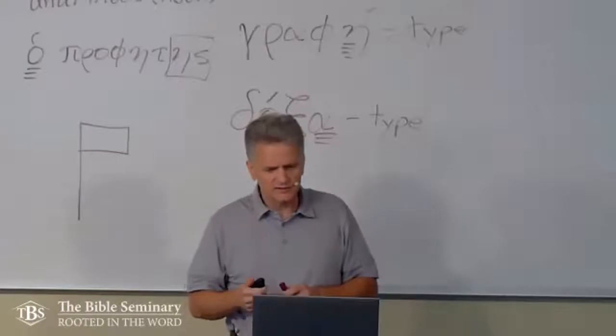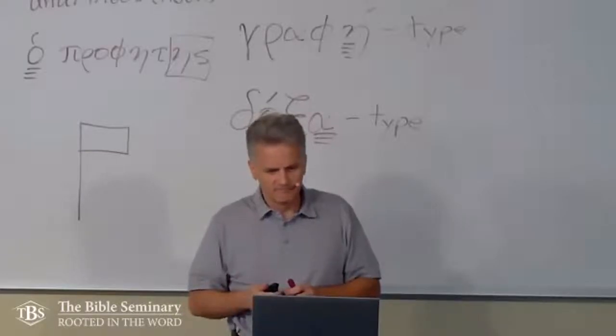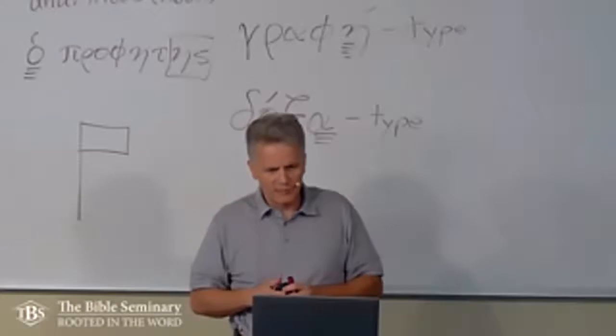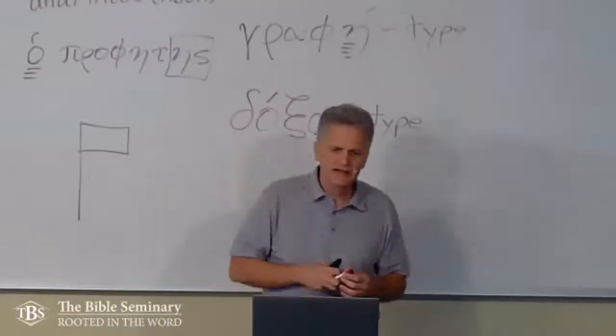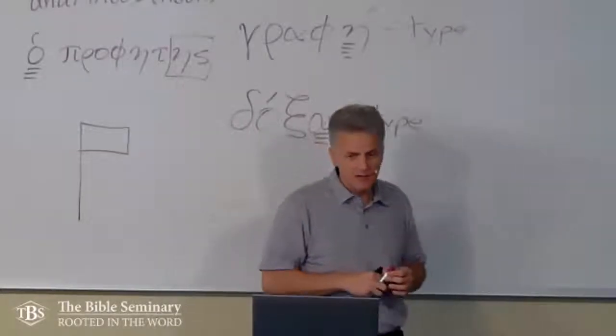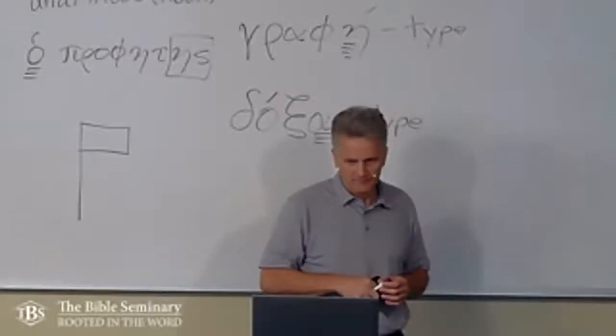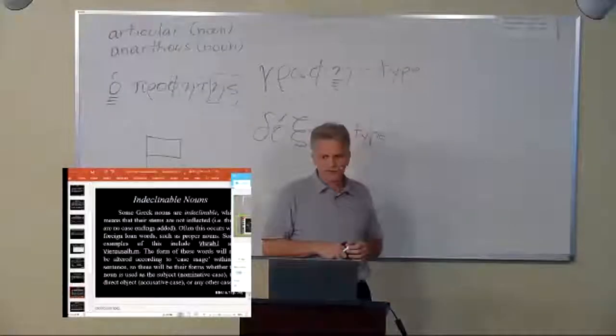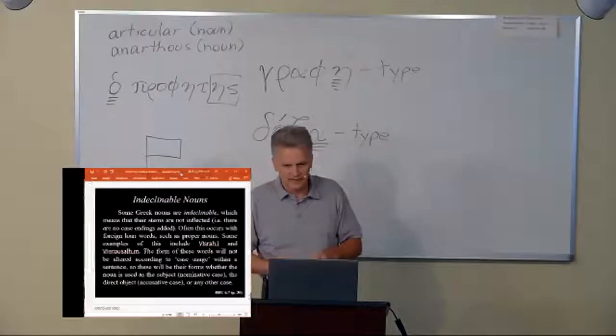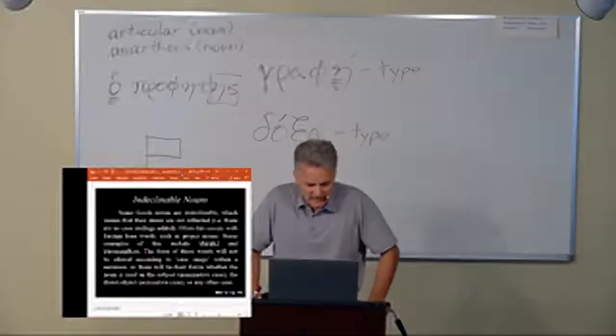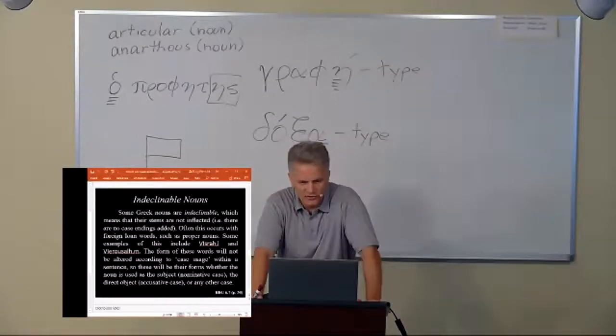This is a big lesson today. All right, we have a couple more to go. Indeclinable nouns. Some Greek nouns are indeclinable, which means that their stems are not inflected. That is, there are no case endings added. Often this occurs with foreign loanwords such as proper nouns.